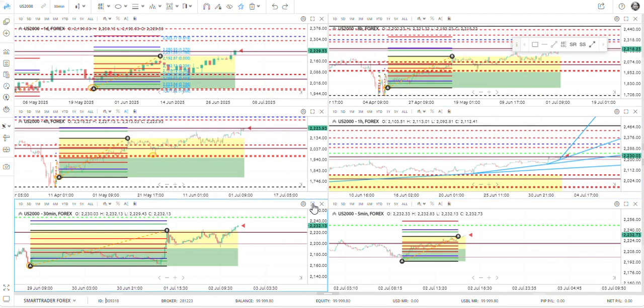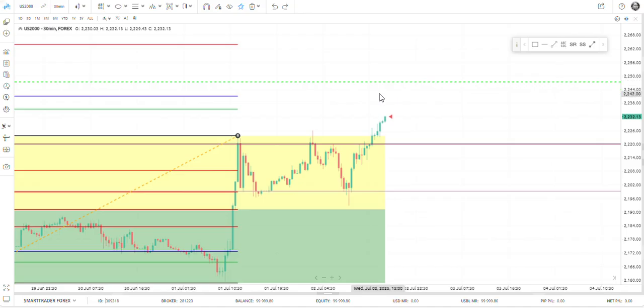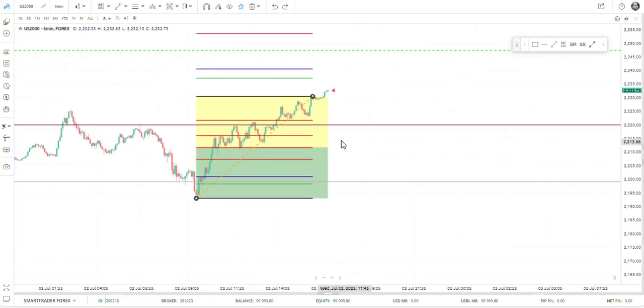And as I go down, we know the 30-minute is saying price has pulled back 382, 38%, and it's pushing into the zone based on our 1 hour. Then we come down to the 5-minute, and price is coming into what we call the 80-20 zone. I love taking trades from the zone, because we know that in order for price to keep going up, we have to have a retracement.